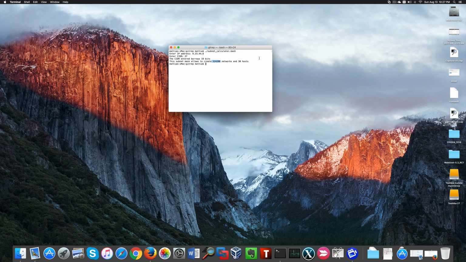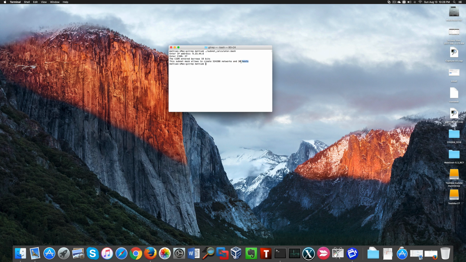As to the number of hosts, 27 here represents the number of ones in our subnet mask, which means all the outstanding bits, because an IPv4 address is formed by 32 bits. So if we subtract this number from 32, we get 5, which is the number of zeros in subnet mask, 5 bits.